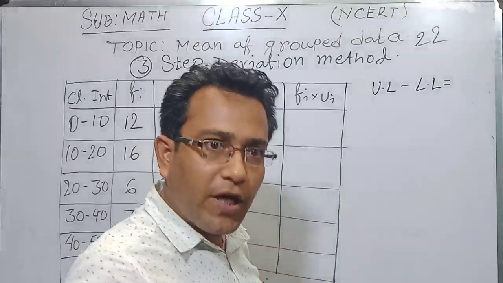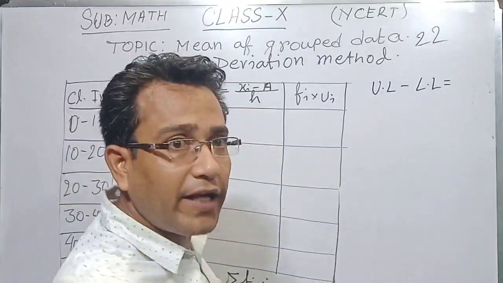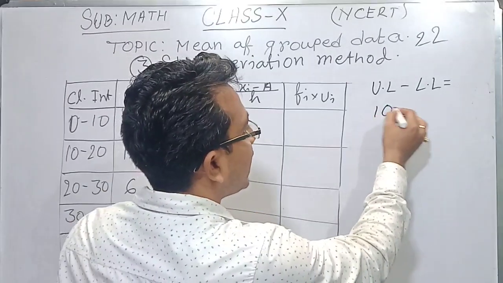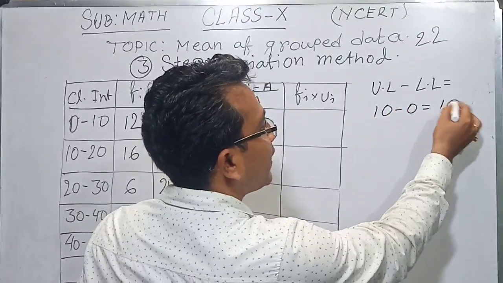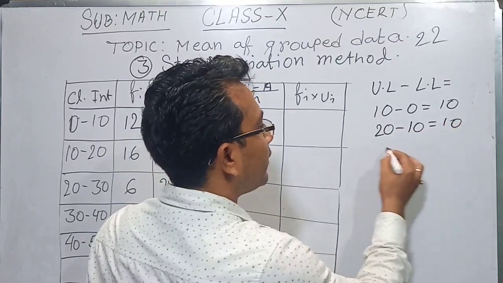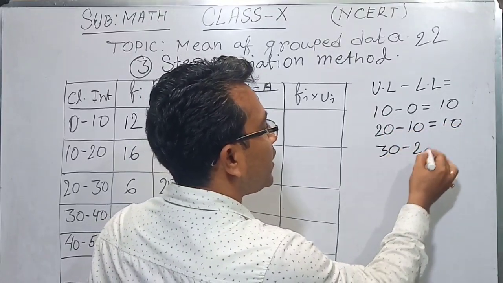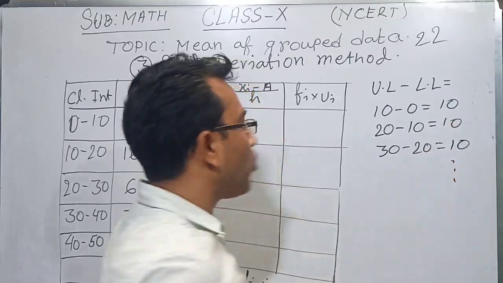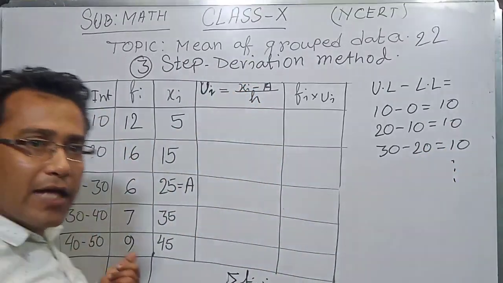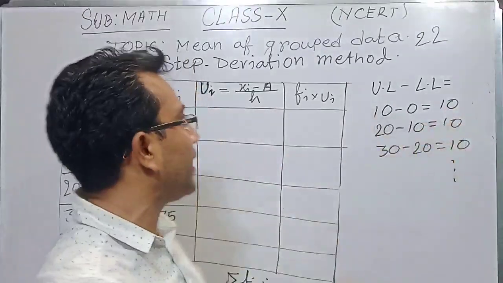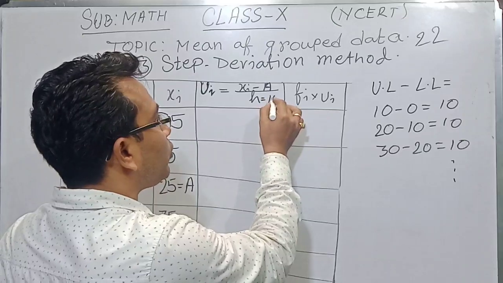of every class. Here the widths are the same for each class, that is 10 minus 0, 10; 20 minus 10, 10; 30 minus 20, 10; and it is going on. The class size or width of each class is 10 here, so h equal to 10.